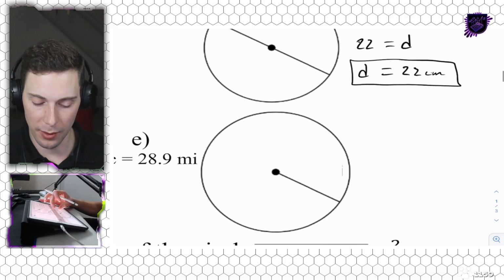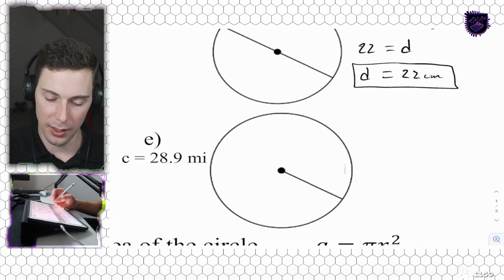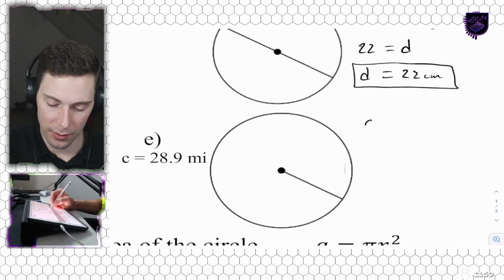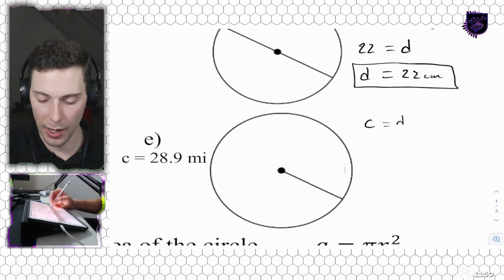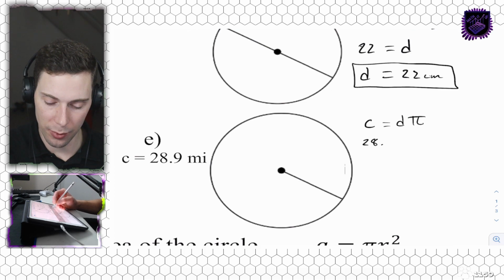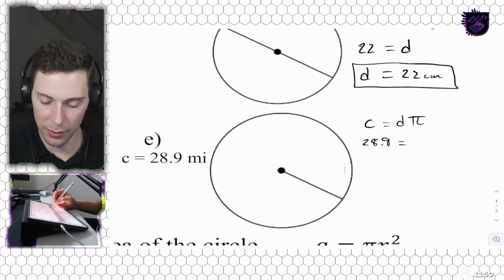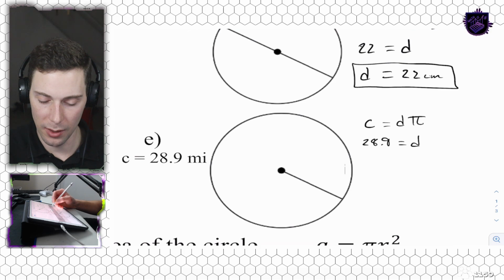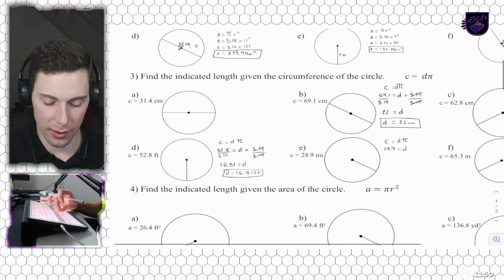E, let's write out our equation. It is circumference is equal to diameter times pi. Circumference is 28.9. That will be equal to something, diameter. Oh, wait a second.